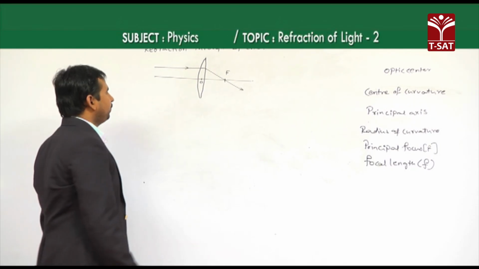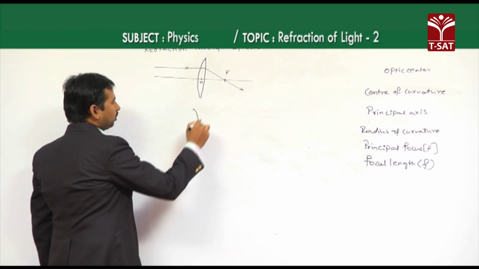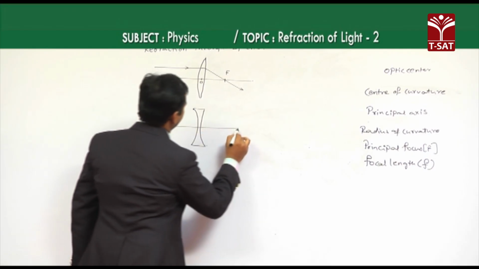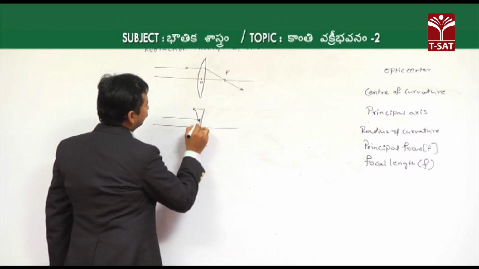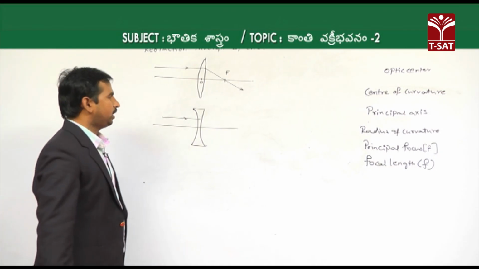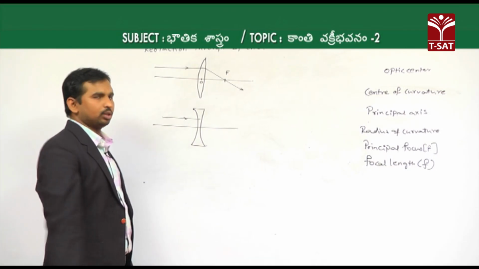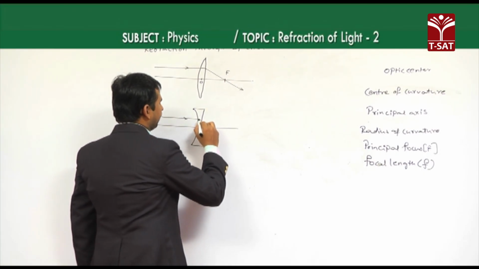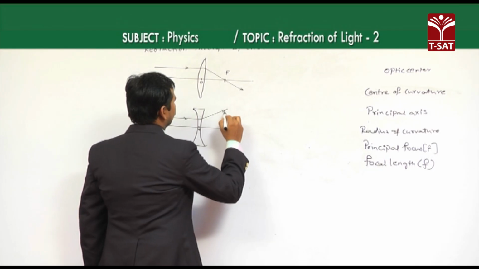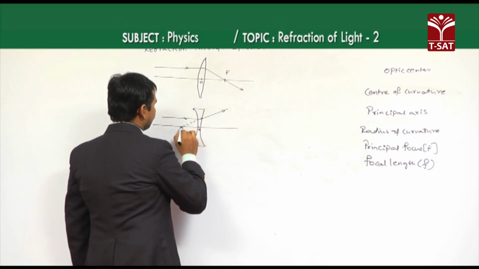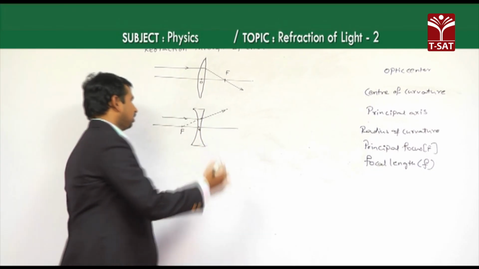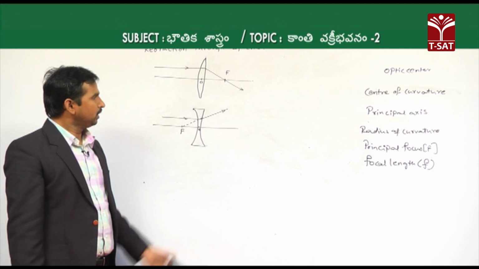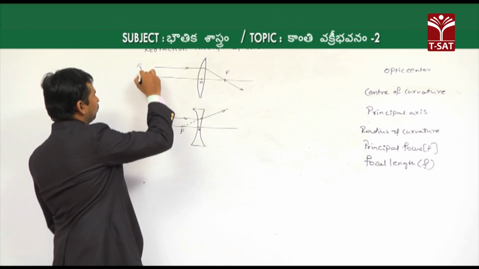Okay, like this. And if you are taking a double concave lens like this, again a straight line passing parallel to the principal axis, now after refraction the light ray appears to pass through the focus. Okay. This is the first important rule.